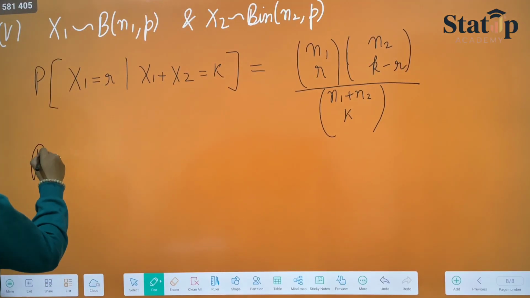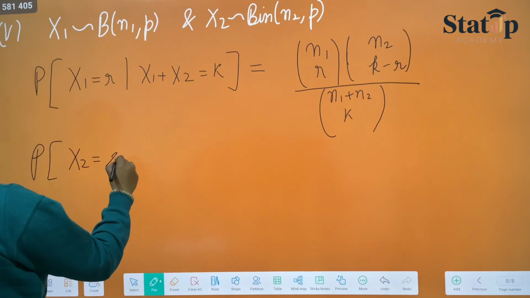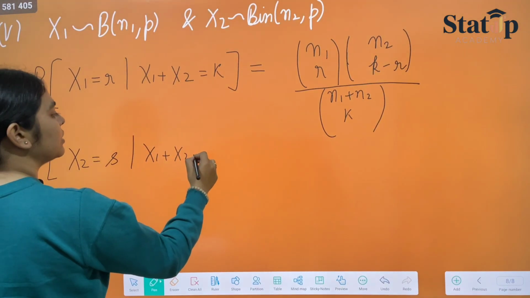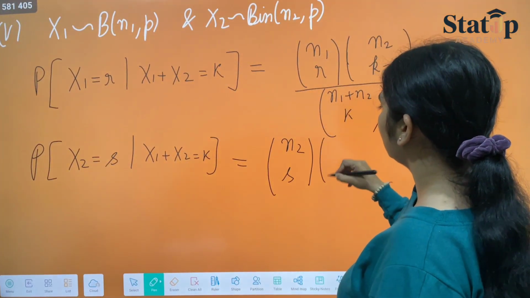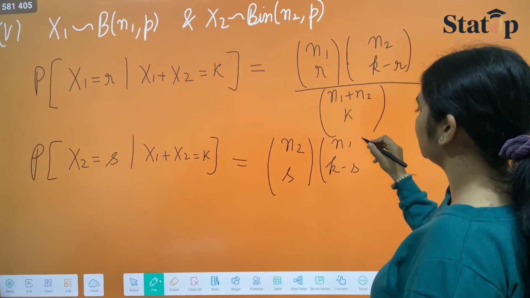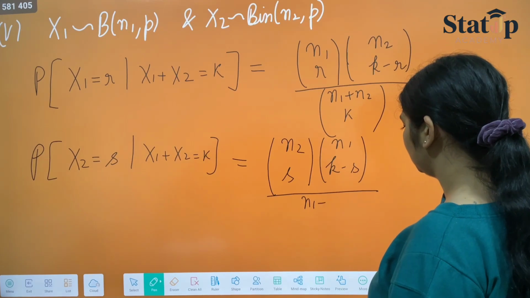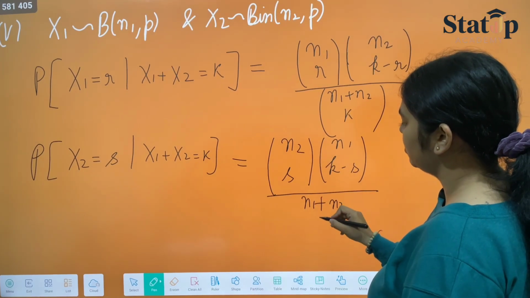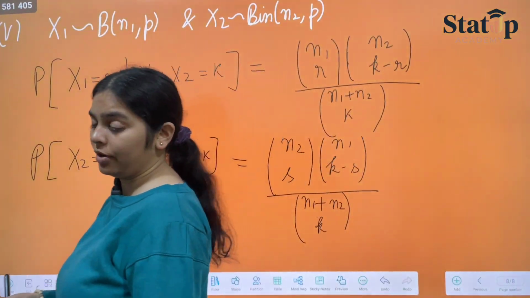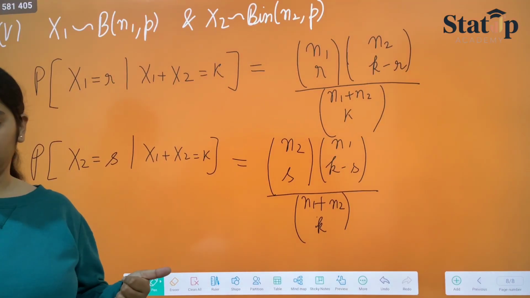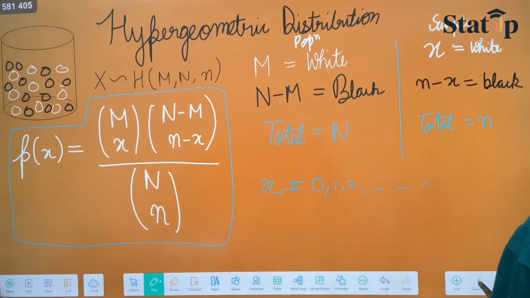And if we have to calculate the similar probability for x2 equals, suppose s, given x1 plus x2 equals k, then it will be n2 C s into n1 C (k minus s) upon (n1 plus n2) C k. These are the properties when we have to find the conditional distribution of binomial. It follows hypergeometric distribution. Now let us move to some of the questions of hypergeometric distribution.